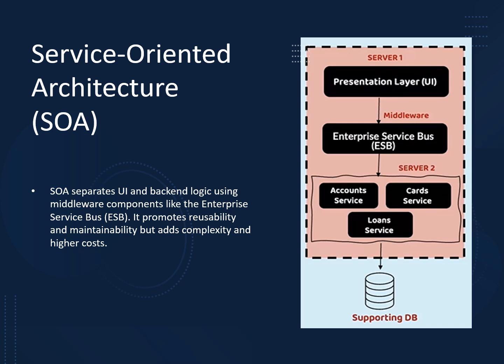The separation reduces the tight coupling between UI and backend logic seen in monolithic applications. SOA introduced a middleware component called ESB. The ESB acts as a moderator that facilitates communication between the UI and backend services. When a UI request is made, the ESB routes it to the appropriate backend service, such as the account service, card service, or loan service.